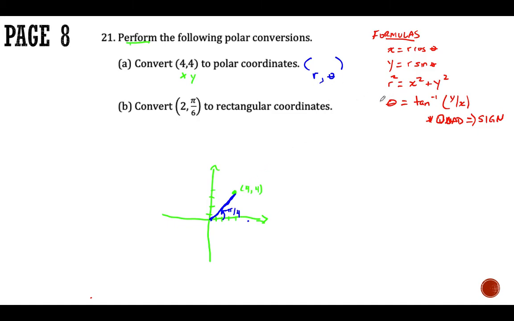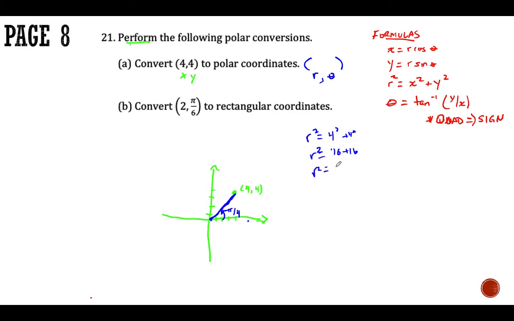So they gave me x and y and I want r. So I don't need to find x, I need to find r. So r squared is equal to 4 squared plus 4 squared. R squared is equal to 16 plus 16.